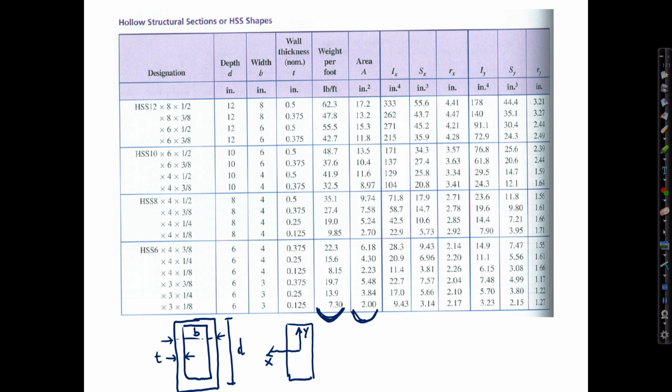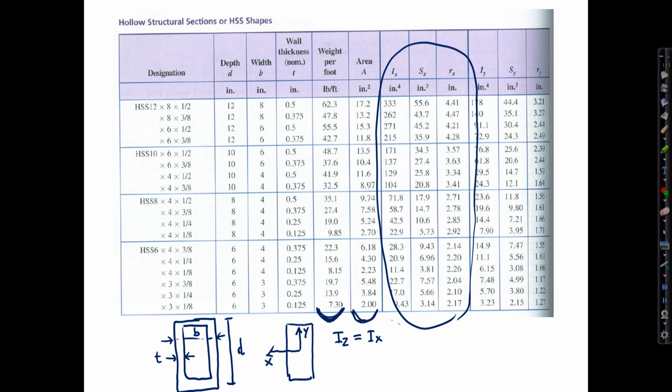So what we're used to calling I sub z is equivalent to I sub x in this table. So the strong dimension properties are located in this column right here.